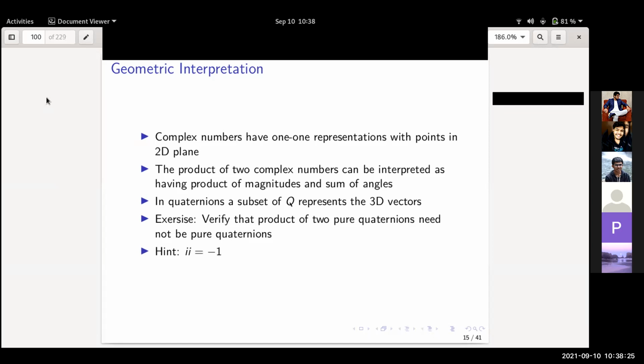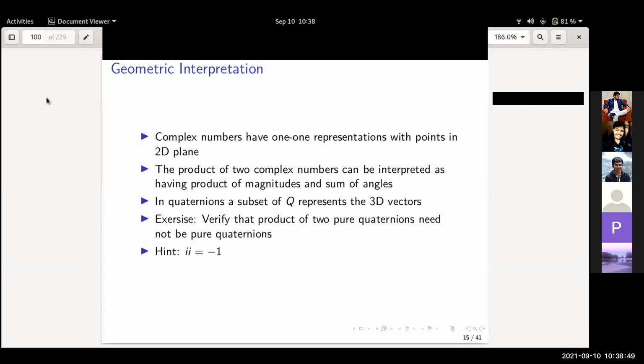We have to see what other possibilities there are such that we can get a pure quaternion. The intention is that one vector is given to you, your 3-dimensional vector, and someone says you have to rotate it by some angle about some axis. So what should be done?